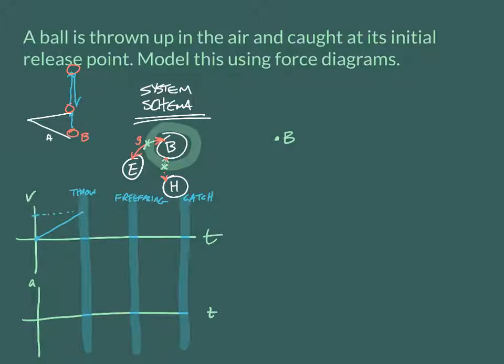But then it starts decreasing in speed, and at a high point, it will hit 0 speed. And then it will turn around, its speed will be negative until it's caught, at which point it'll have an abrupt stop.